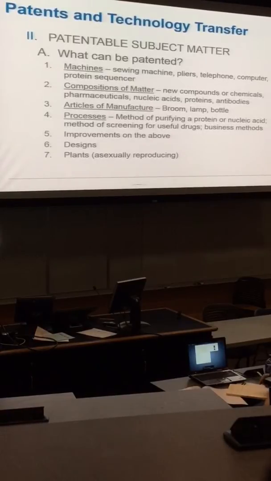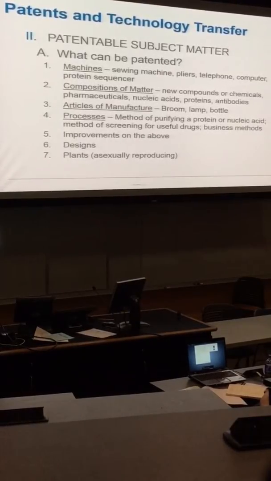Well, if you had two applications with the same subject matter, the same invention, but one had inventor set A and the other had inventor set B, they try to determine who invented it first, and you do that through what's called an interference proceeding, which is almost like a judicial proceeding where you have to go back and produce your notebook records and all the paperwork that came before you filed the application to see who actually came up with the ideas first.